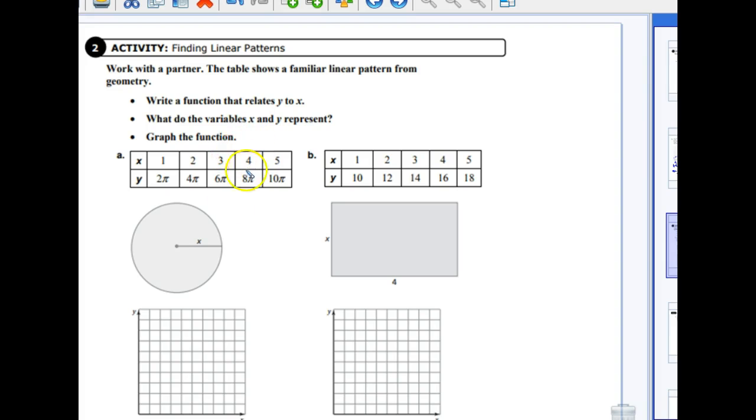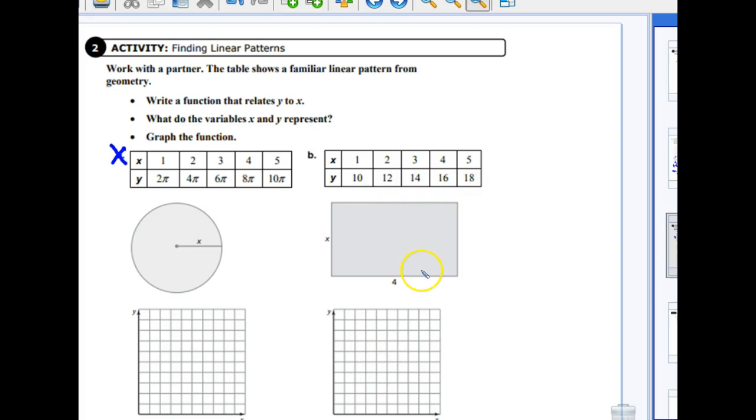All right, so let's look here. Let's look at B. I'm not going to have you working with pi yet, so we're not doing A, but let's look at B. We're going to look at this function here and see if we can figure it out.